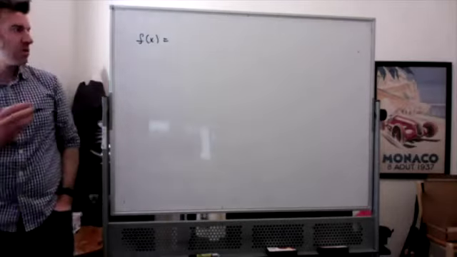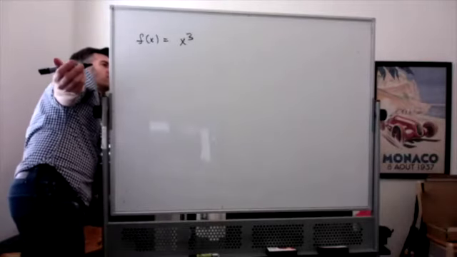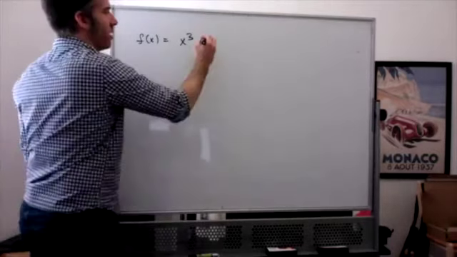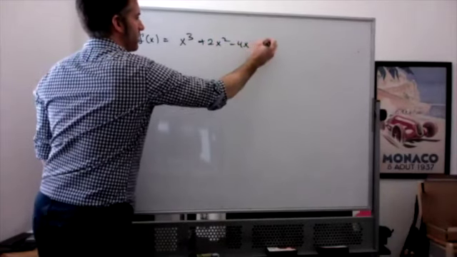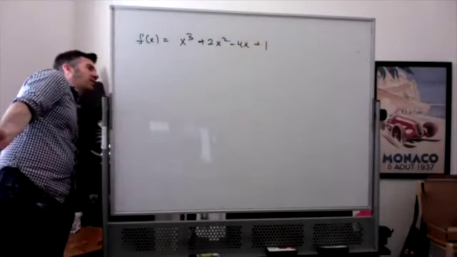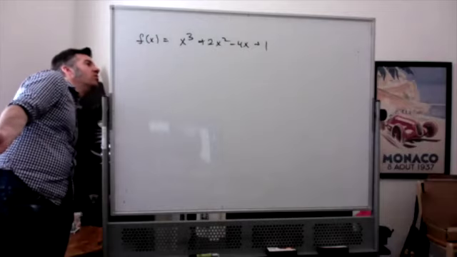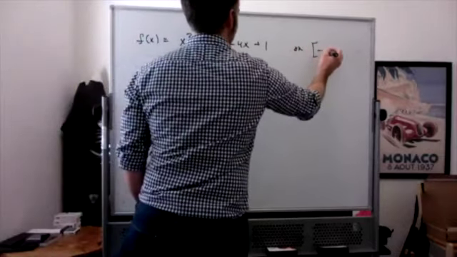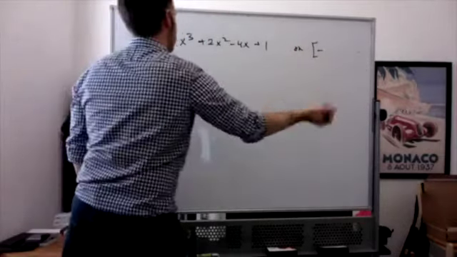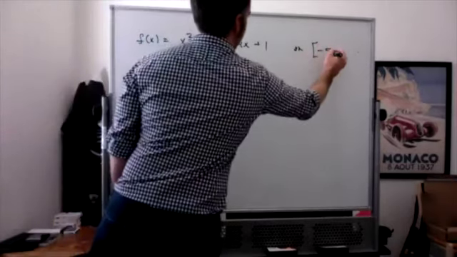Sure. So I want x cubed plus 2x squared minus 4x plus 1. And I want that to be on the interval from, let's do -5 to 2.